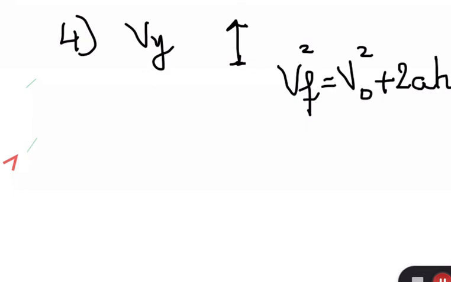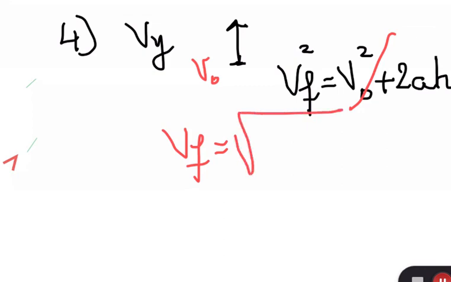Our distance is h in this case. Assuming there is no motion from the start in the vertical direction, v0 would be 0, and that will give us the final velocity in the y direction as the square root of 2ah.